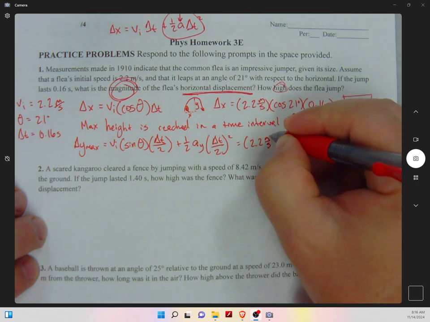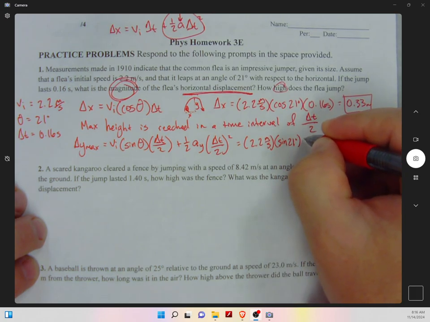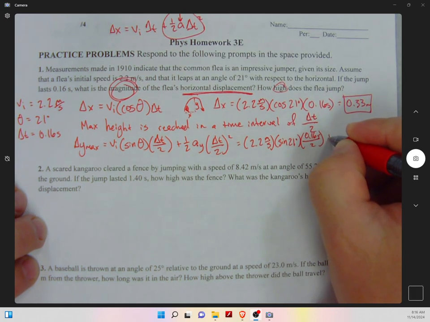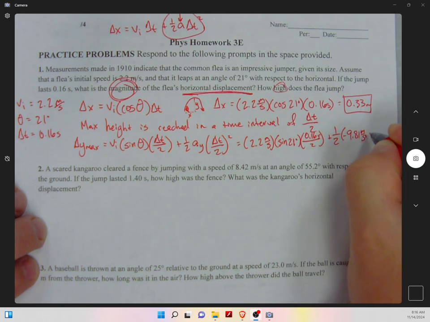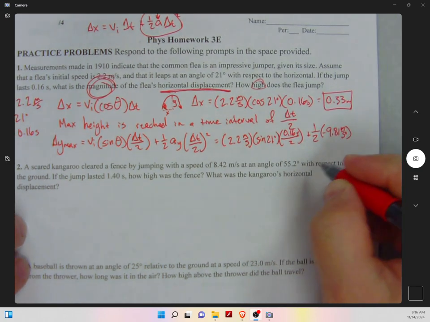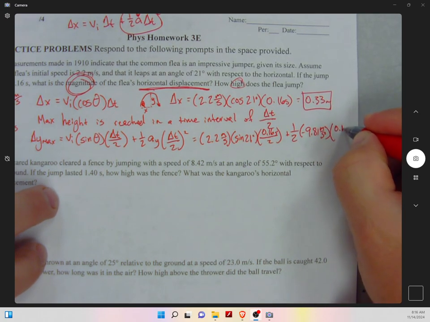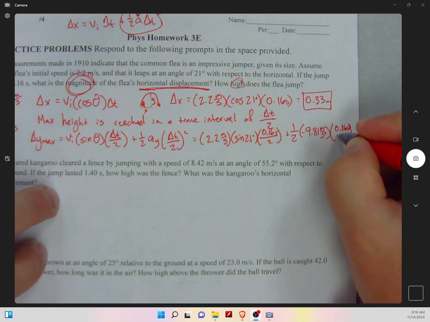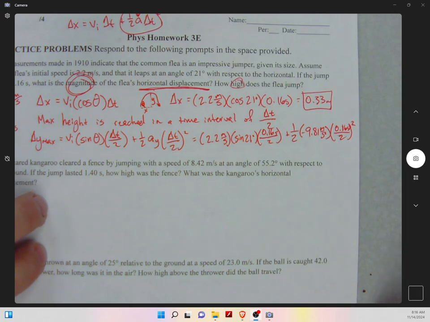Plug and chug. 21 degrees. And then we have 0.16 seconds divided by 2, 1/2, negative 9.81 meters per second squared. And then 0.16 seconds divided by 2, and then that is squared.